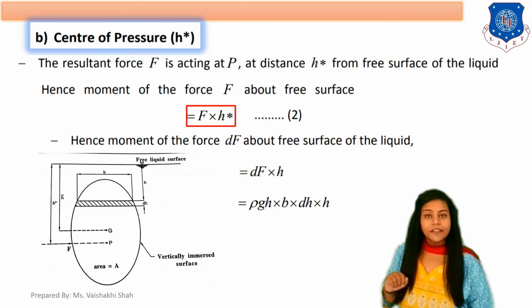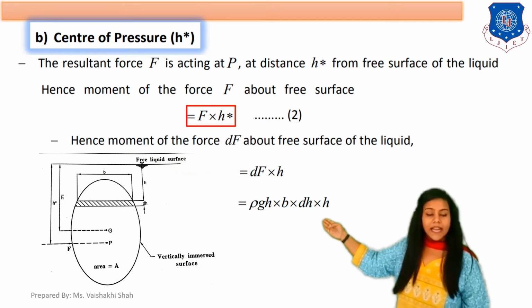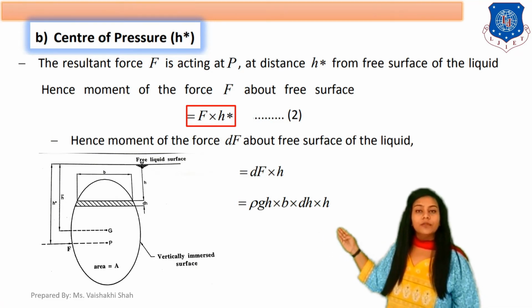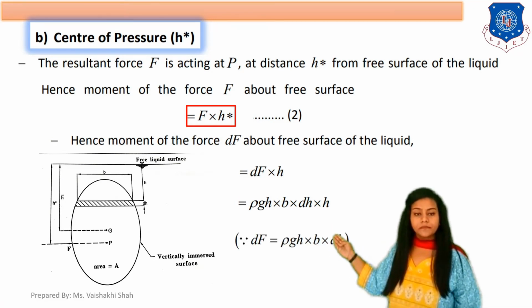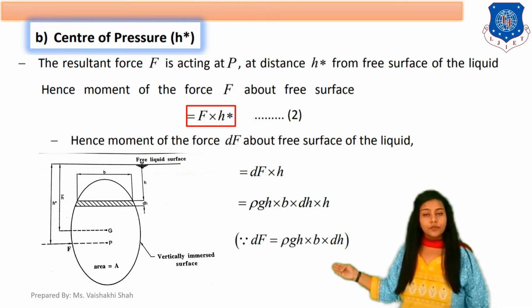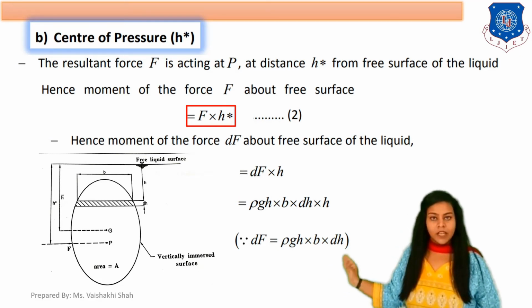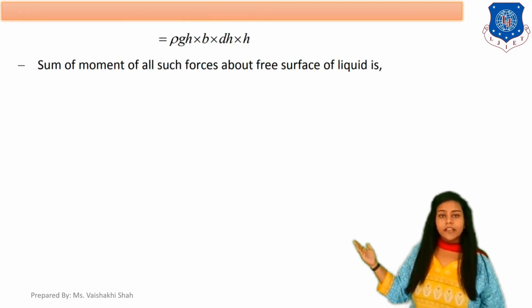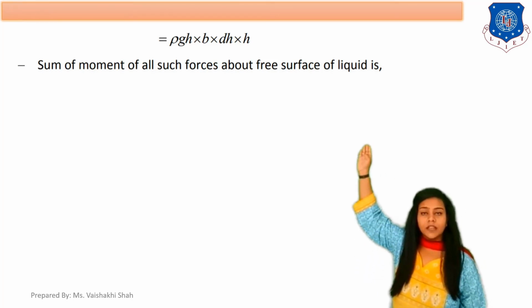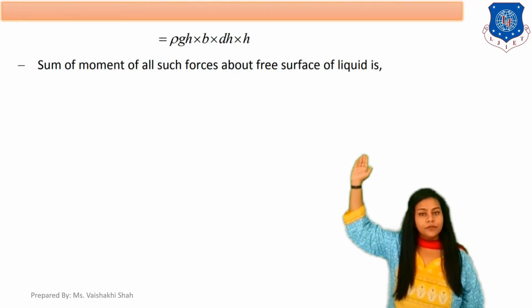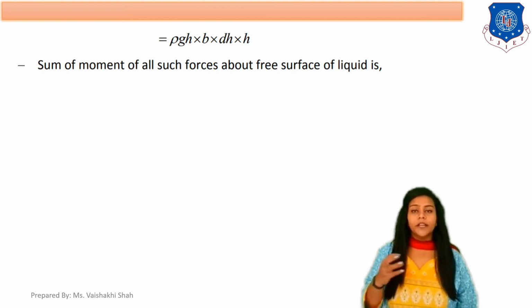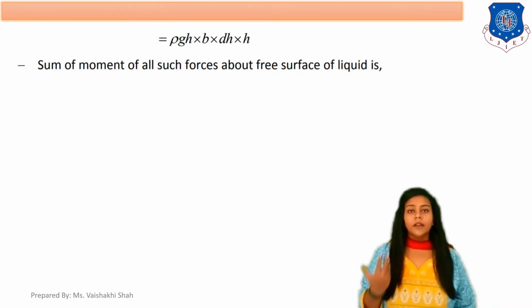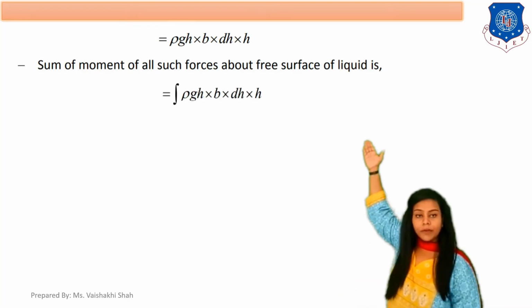So we know the equation for dF, which is rho g h into b into dh. Clear? We derived this in our earlier steps. Now the summation of the moment of all forces about the free surface of the liquid: you have to integrate the moment of the single strip.